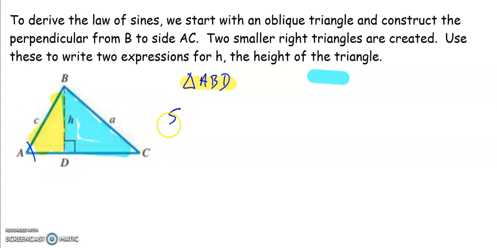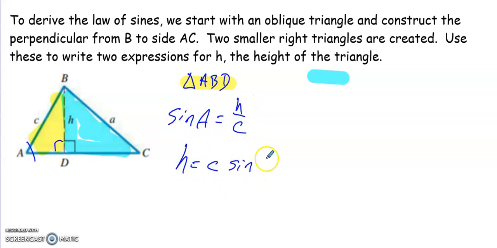This is how they actually derived the law of sines. They said the sine of angle A equals the length of the height over the length of the hypotenuse on the left, because if that's a right angle, this side is also a right angle. Now, just for fun, let's get h by itself, and you're going to see why I'm going to do it here in a minute. So h times 1 is h. c times the sine of A is c sine A.